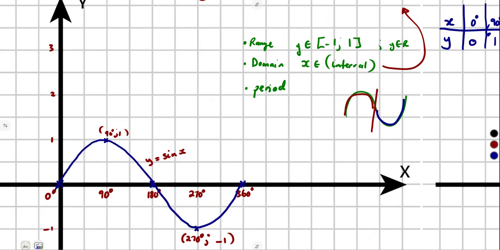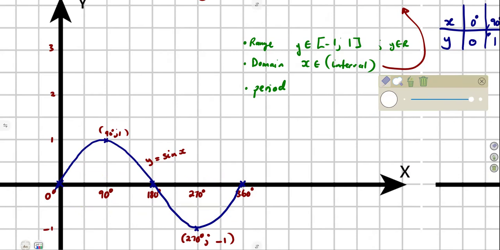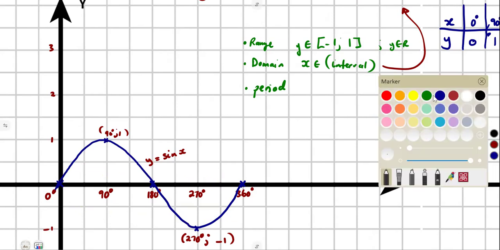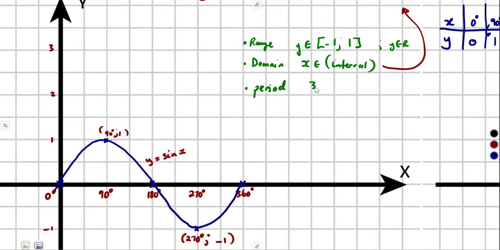So the period of a graph of a sine is what? 360 degrees, where we have a complete cycle, 360 degrees. The first half occurs in 180 degrees. The second half occurs in what? 180 degrees. So the combination of these two, they give us a complete cycle. That's our period.